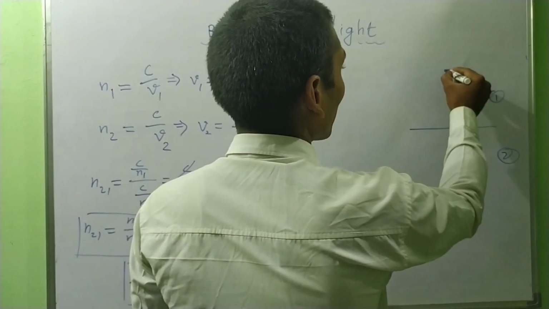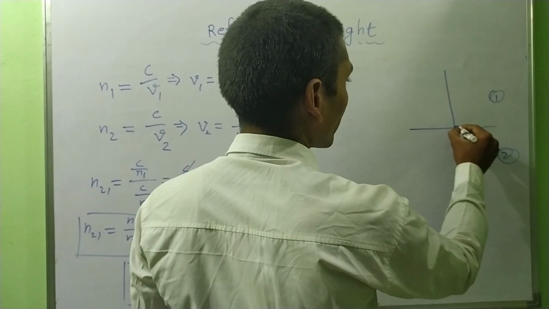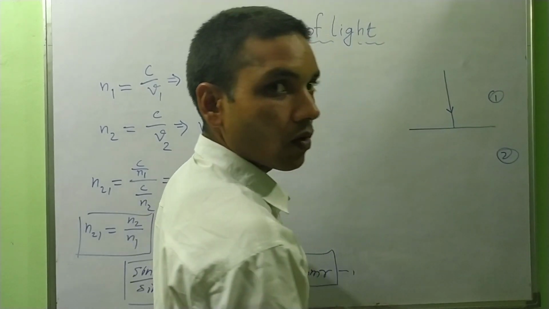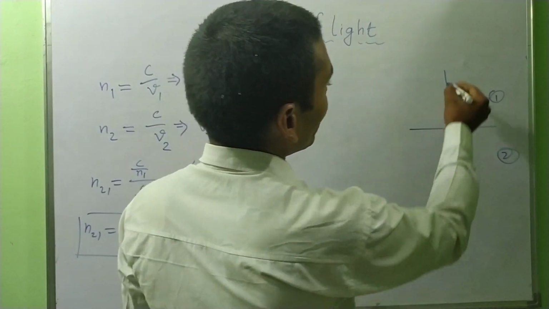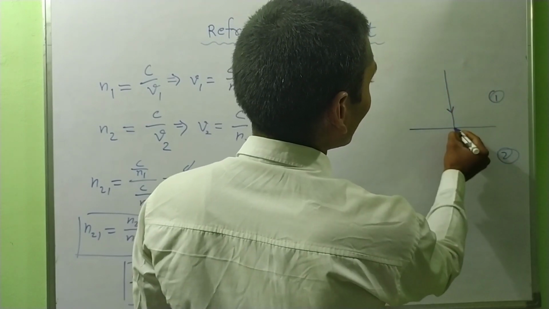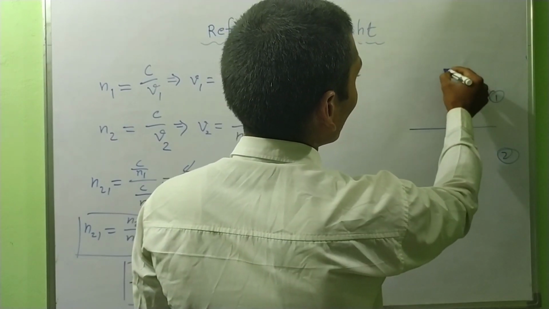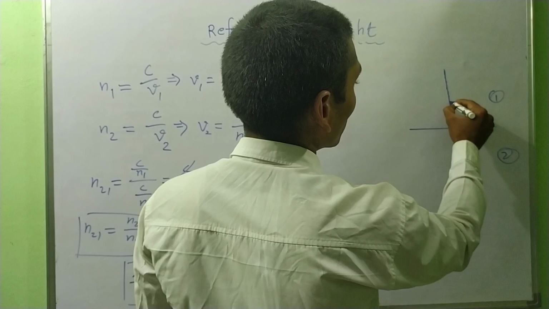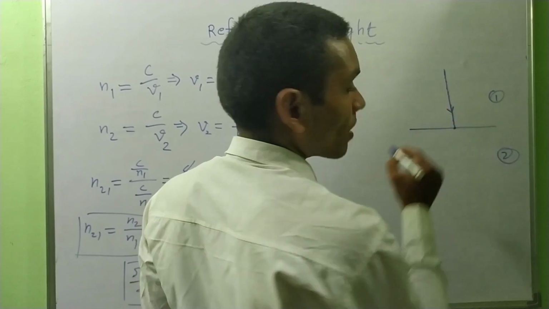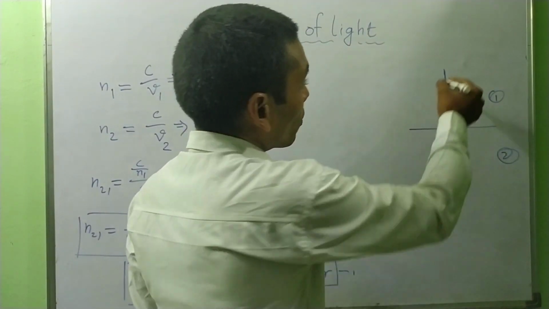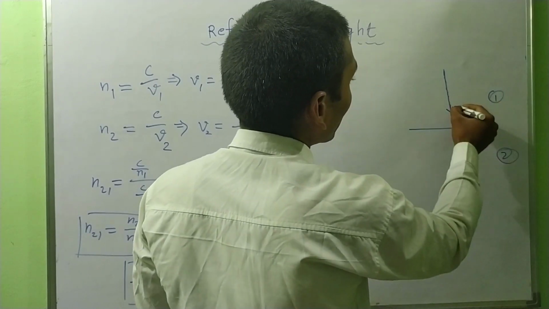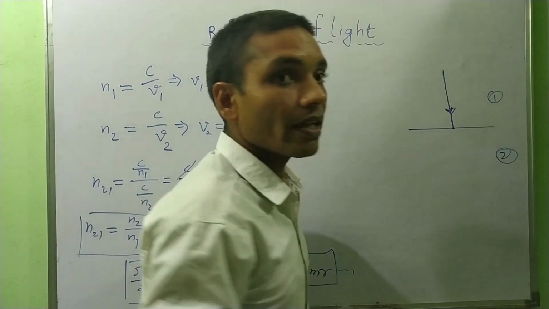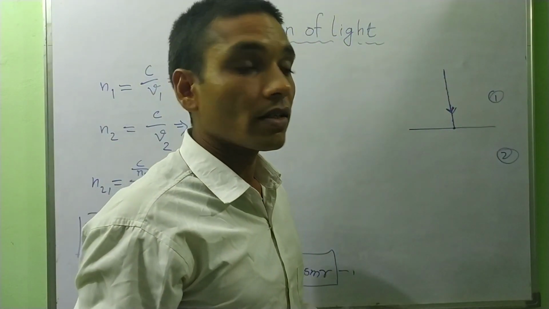If the light ray falls normally, when we draw the normal at this point, the normal to the interface and the incident light ray coincide with each other.